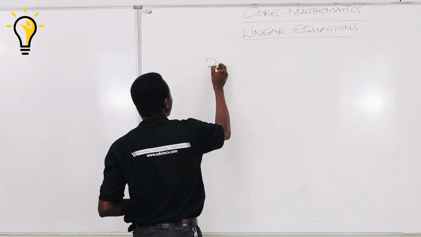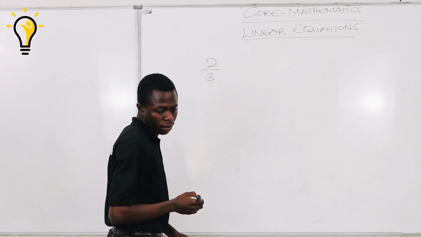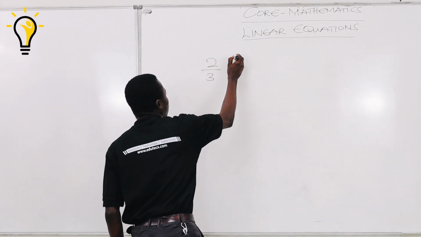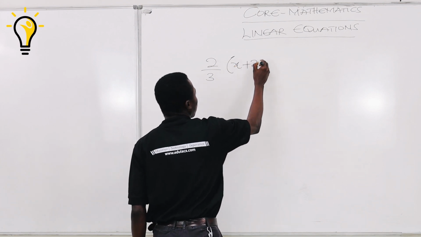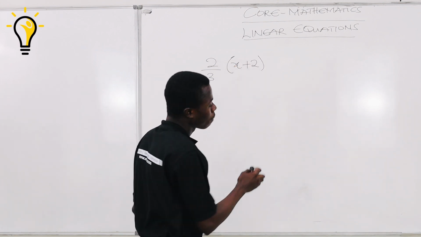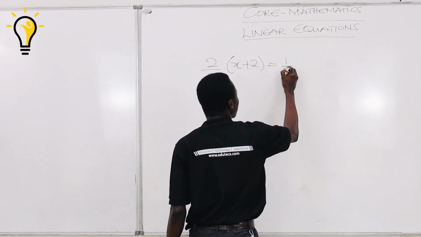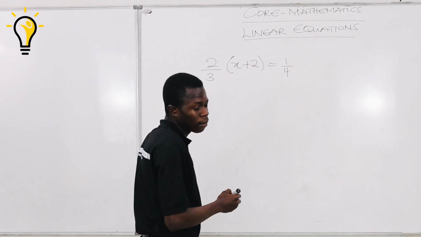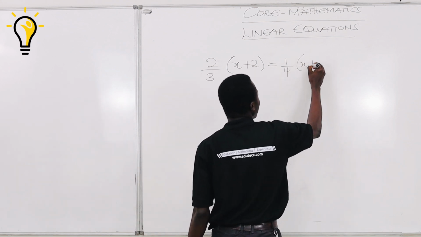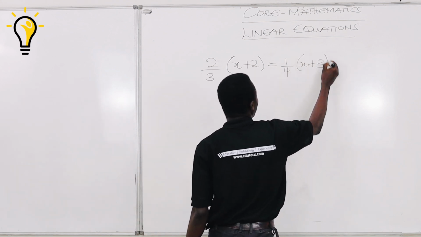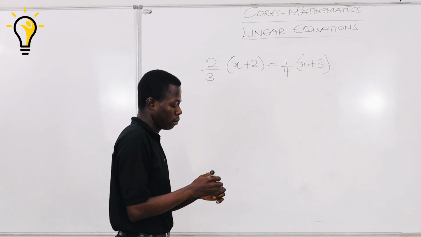We have 2 divided by 3 in one bracket, x plus 2, equals 1 divided by 4 in another bracket, x plus 3.